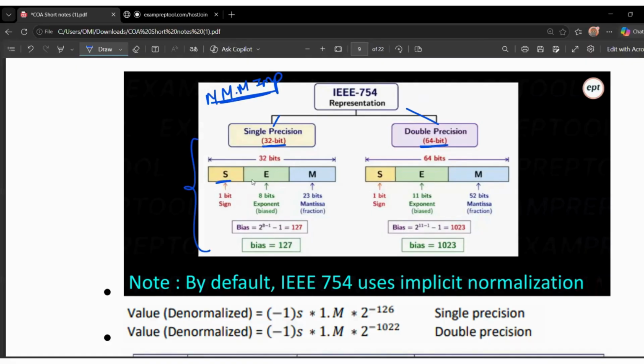I have told you that for single precision the sign is 1 bit, the exponent is 8 bits, and the mantissa is 23 bits: 1, 8, and 23. The bias will be 2 power 8 minus 1, minus 1, so it will be 127.